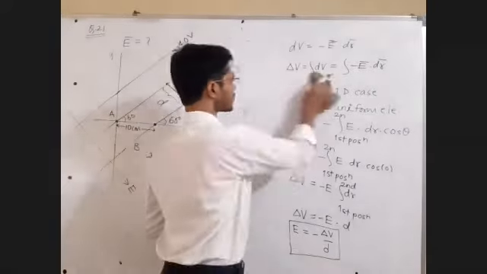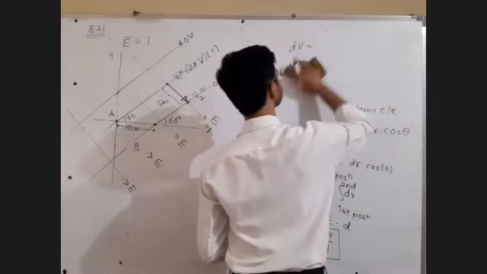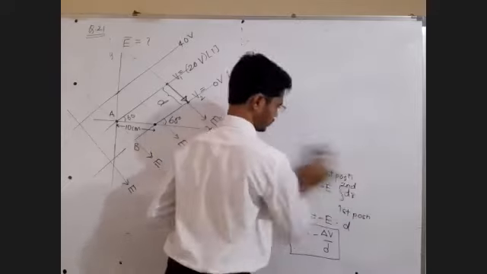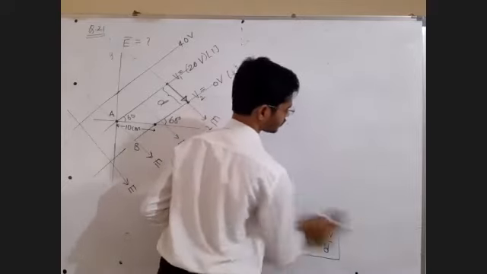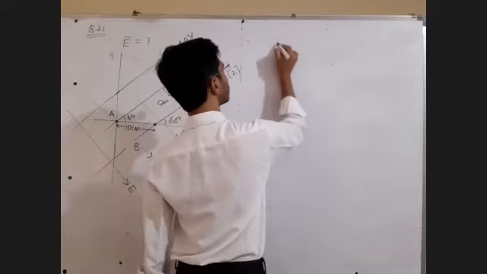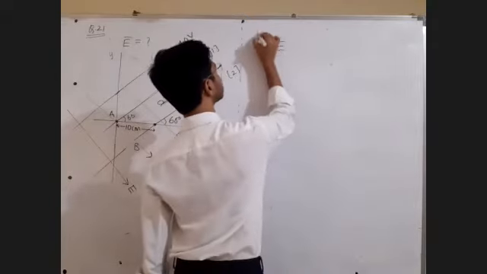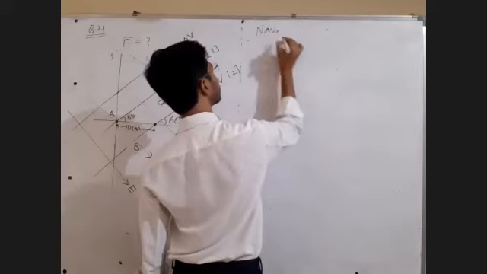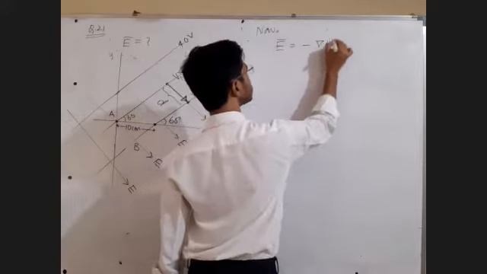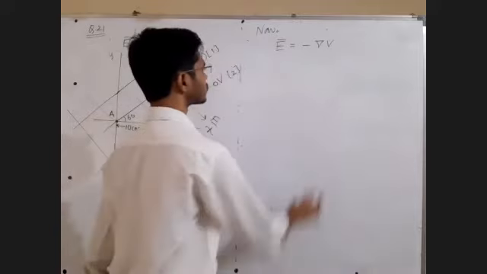Now, in the one dimensional case, you taught us one formula. Or the 3D case, look at the basic fundamentals. Electric field is equal to negative potential gradient. Yes sir, this we know.